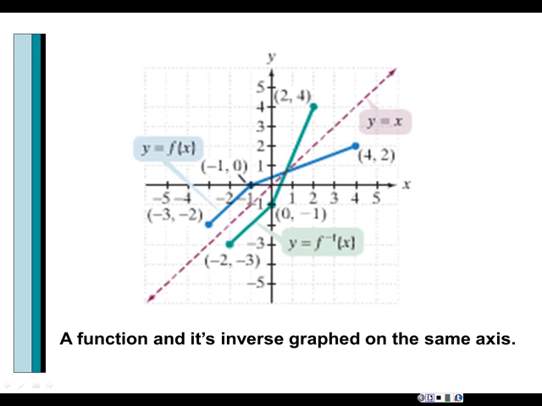Or if there is a function which is the blue line, there must be another inverse function which will look like the green line. Do you see that? The blue and green lines are inverse to each other, and they are symmetric about the red line, the y equal to x line.